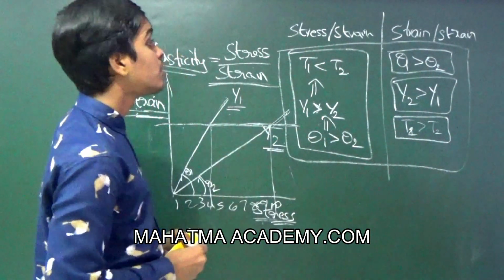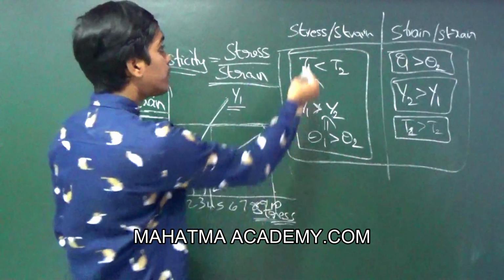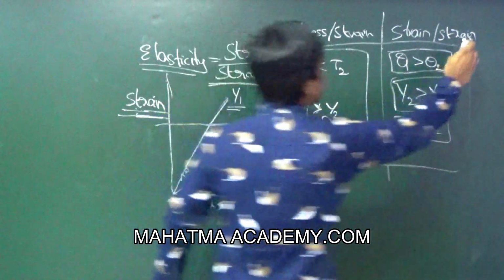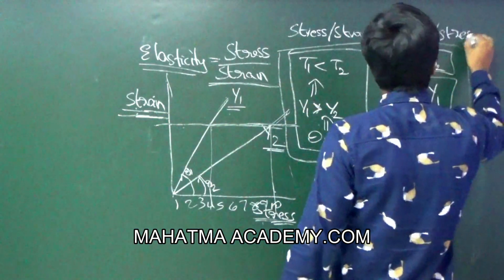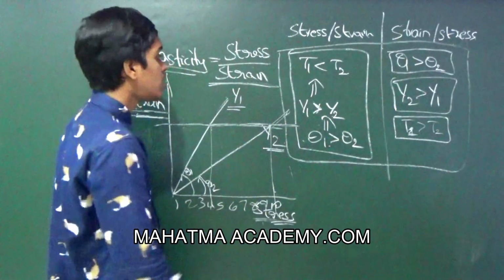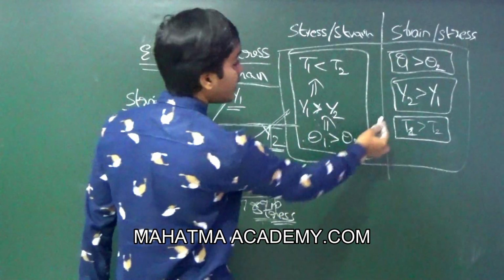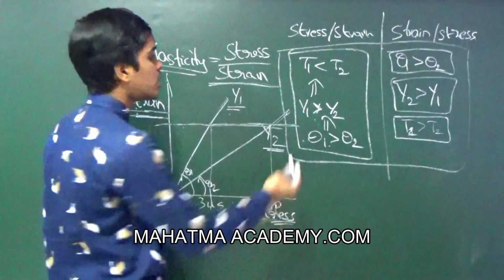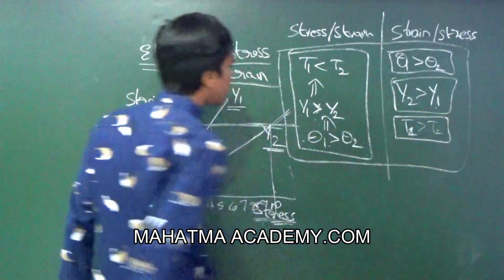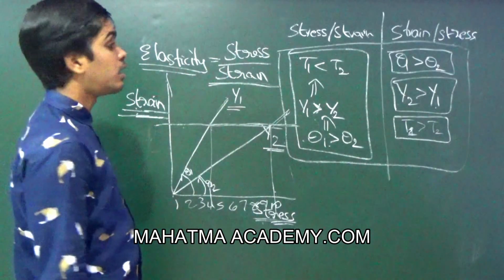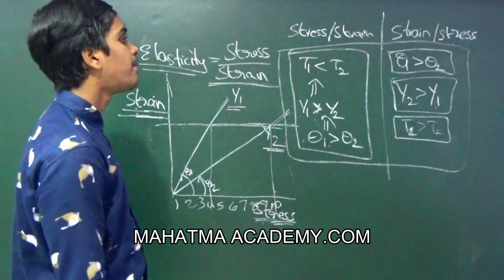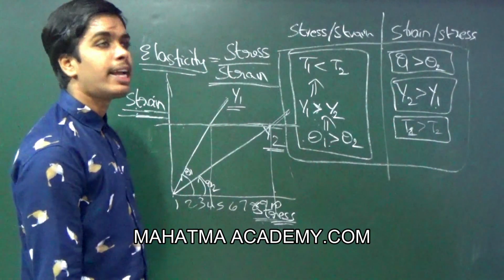So from this you can see, for stress but strain and strain but stress, theta 1 is the same in both, but y1 and y2 are inverse or reverse. Here y1 is greater than y2 and there y2 is greater than y1. It is for either Young's modulus, bulk modulus or modulus of rigidity.